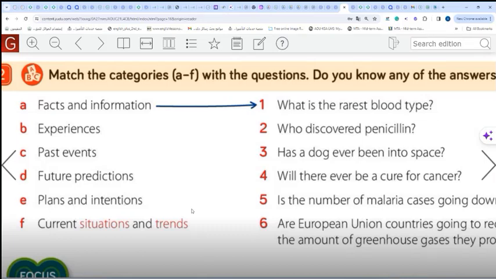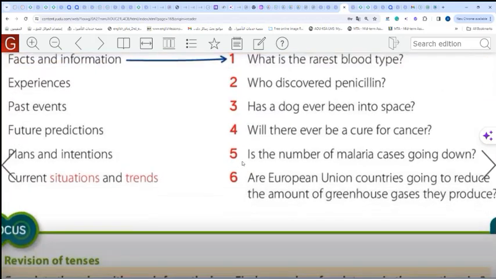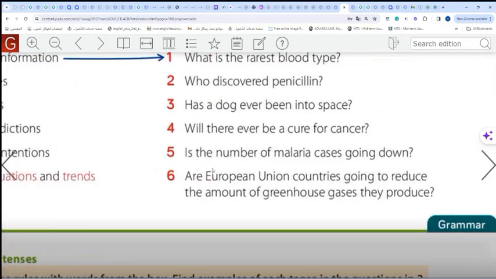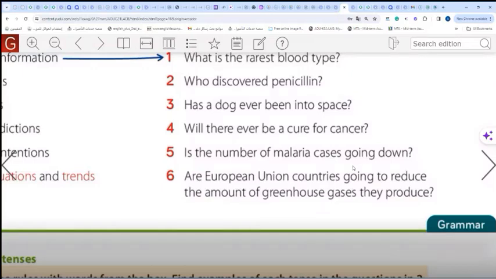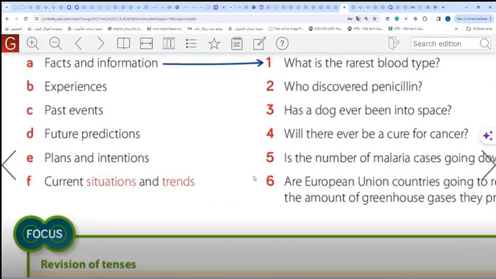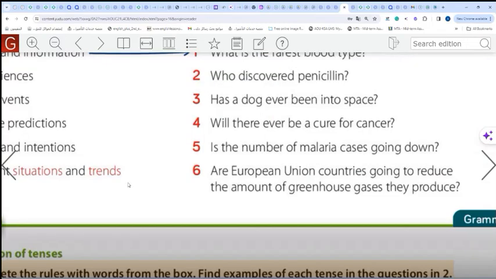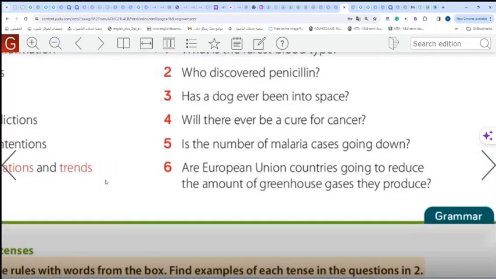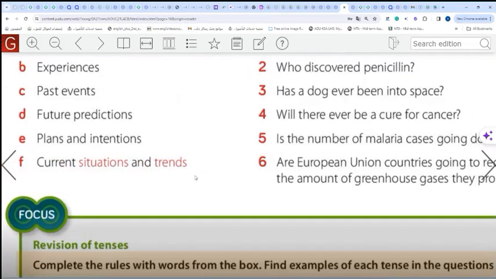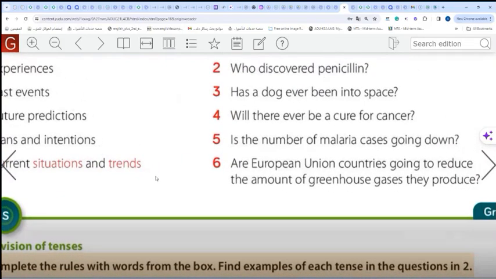What about number 5, is the number of malaria cases going down? Is it plans and intentions or current situations and trends? Current situations and trends. Yes, you are right. We are describing something which is happening around the present time.